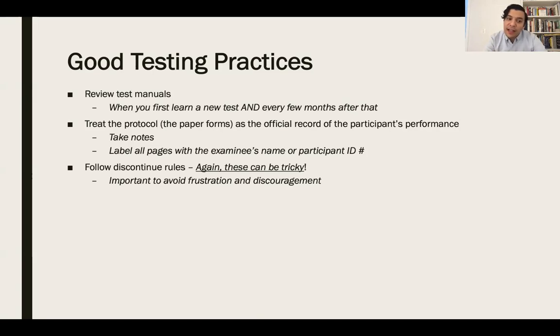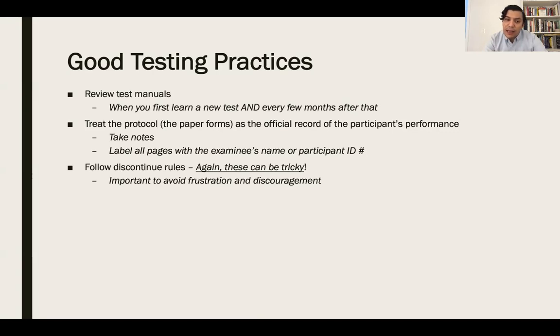We also want to follow discontinue rules, and these can be very tricky. Because they're so tricky, it can be tempting for an examiner to say, I'll just administer all the items, so I make sure that I've met the discontinue rules. And it's important that we don't do that.